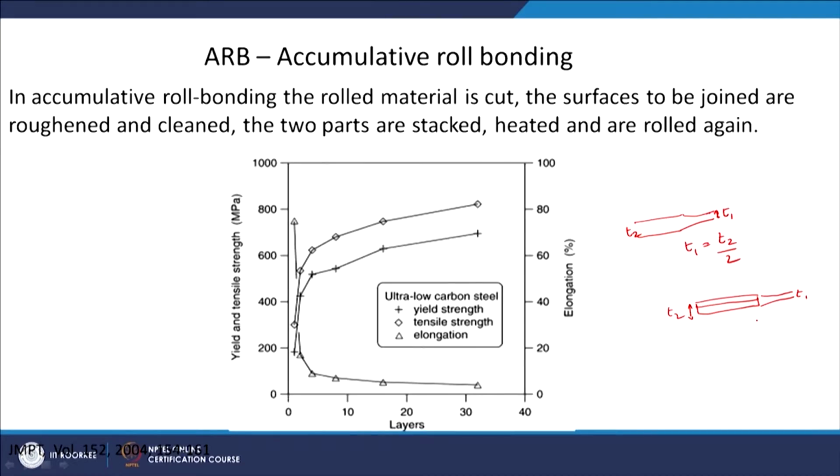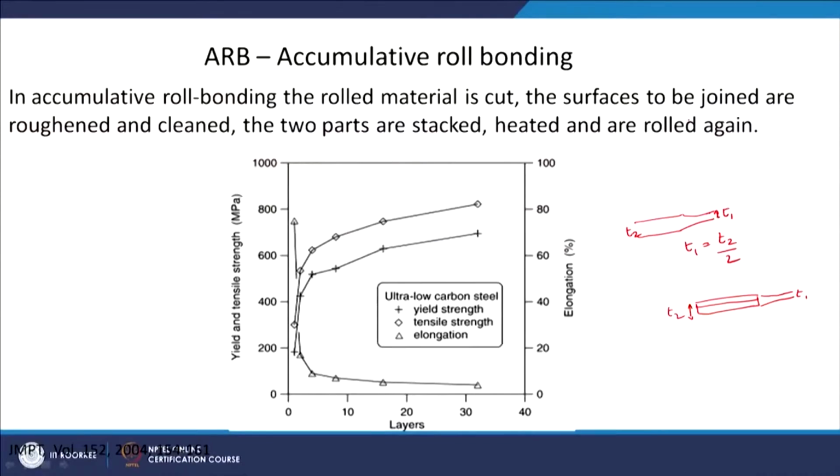So, accumulatively you are doing this rolling, and at the same time because of the deformation, all of this done at high temperature also, there is a metallurgical bonding between the two sheets. So, it is cut, and the surfaces to be joined are roughened and cleaned.